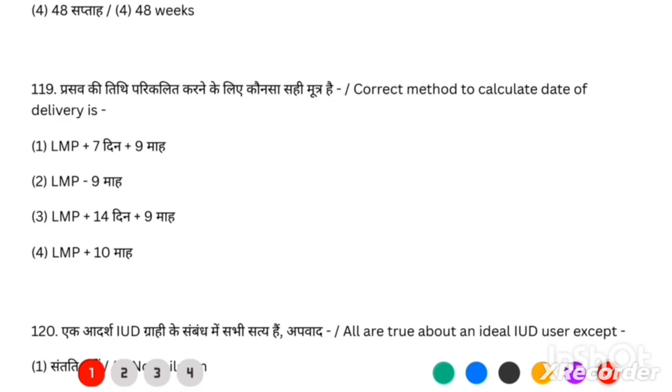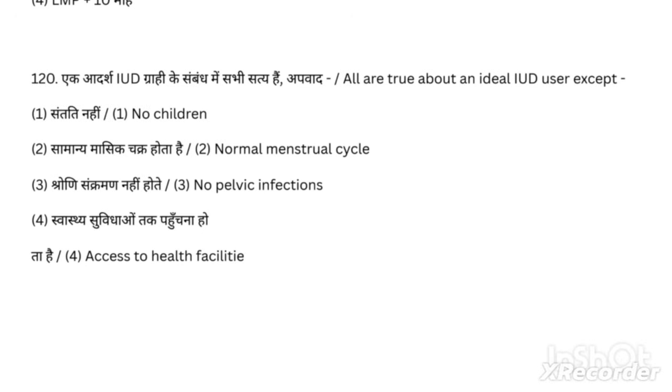It is used for a regular 28 day cycle. Our next question is, all are true about the ideal IUD user except. So the correct answer is no children, normal menstrual cycle, no pelvic infection, and access to health facilities. These are the ideal user of IUD.